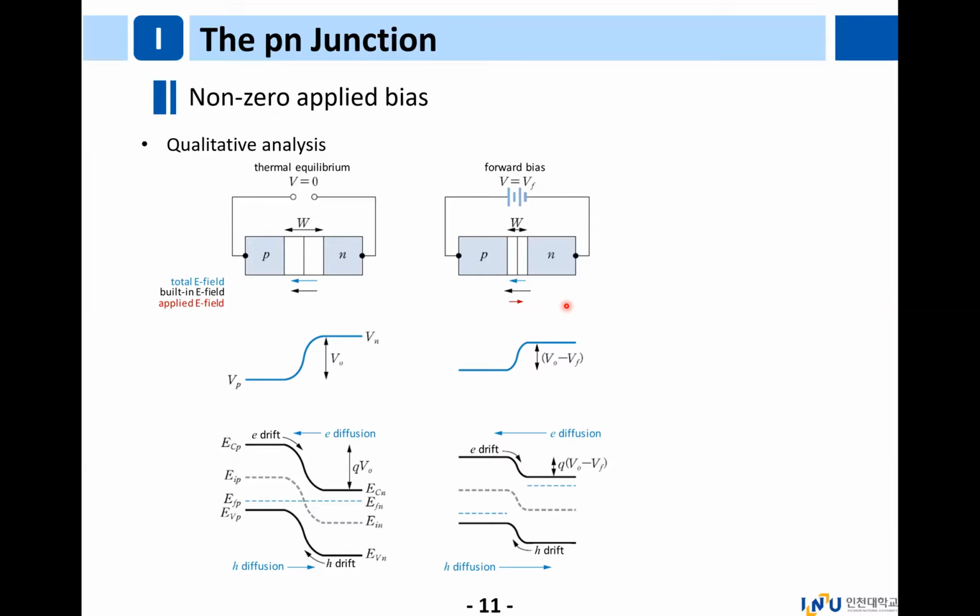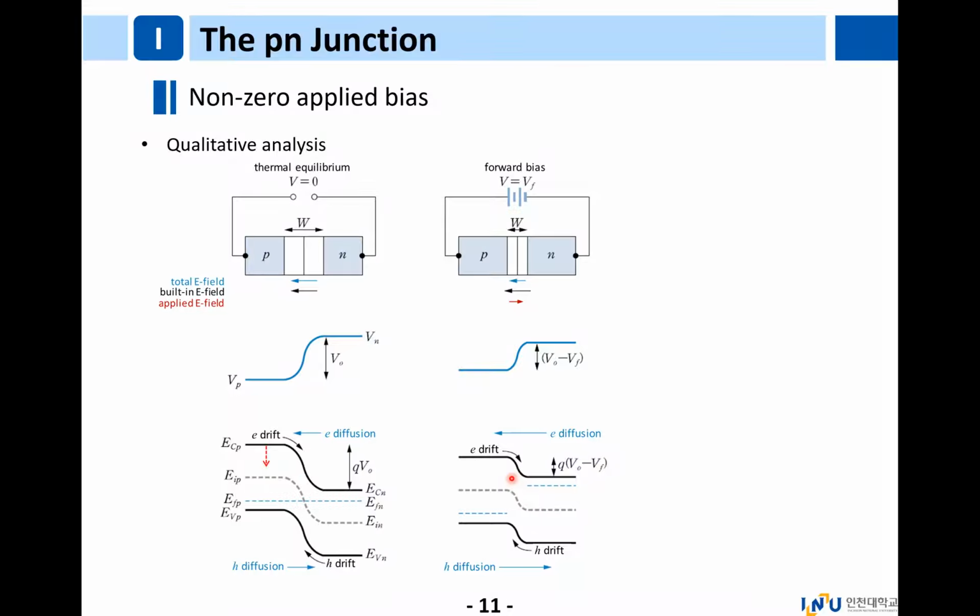In this case, applying a positive voltage causes the energy band of the p-type region to shift downward.